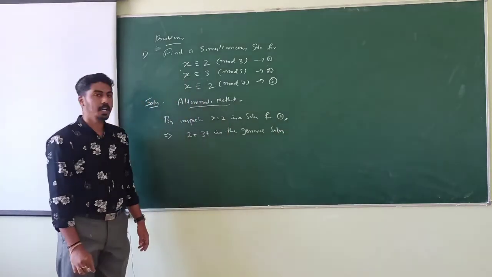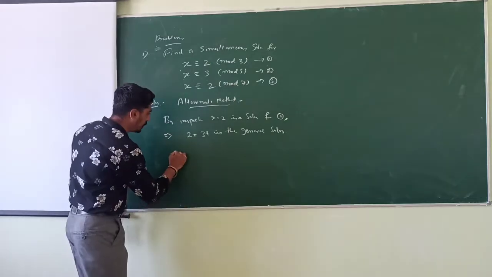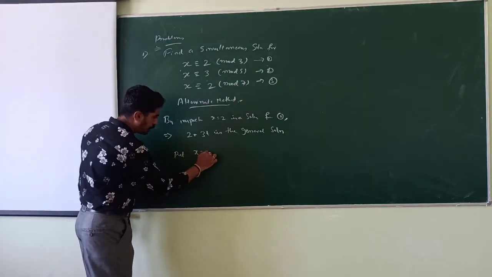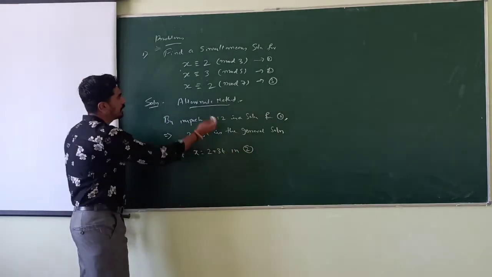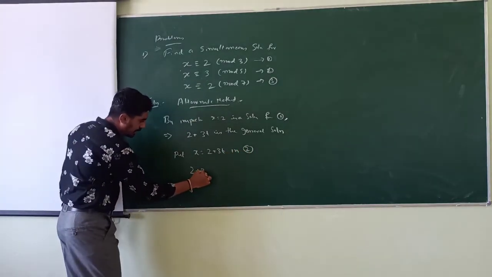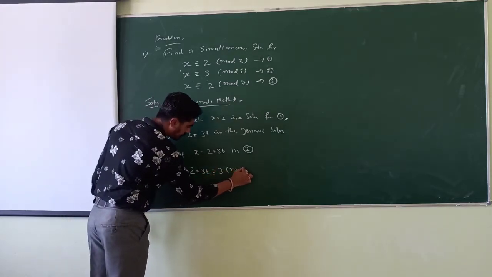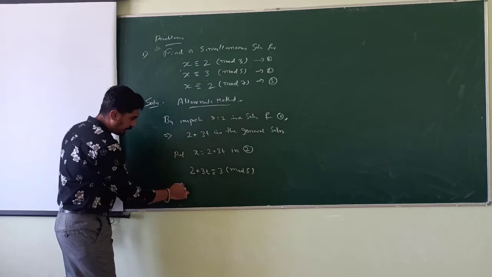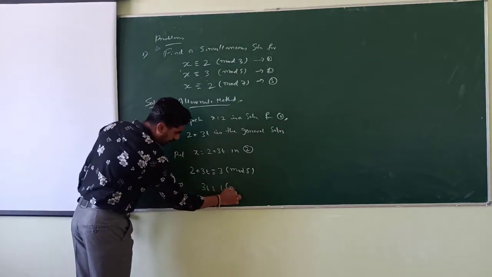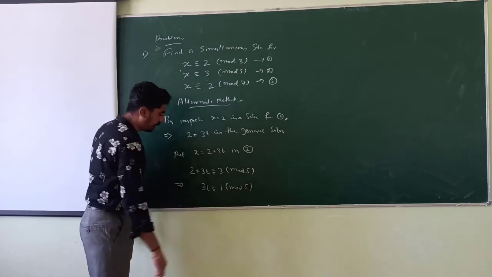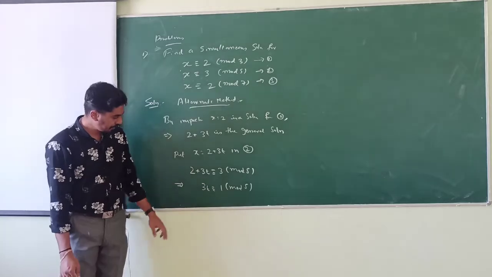Now substitute this in equation 2. Put x equal to 2 plus 3t in 2. We get 2 plus 3t congruent to 3 modulo 5, which is the same as 3t congruent to 1 modulo 5. Now find a solution by inspection.